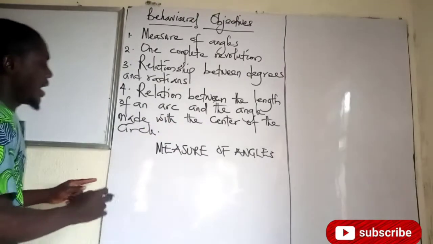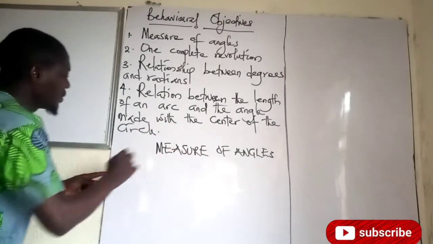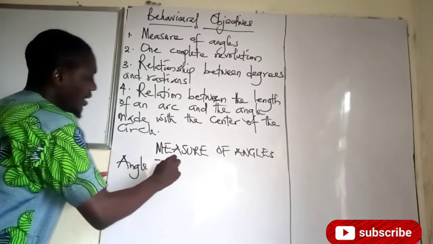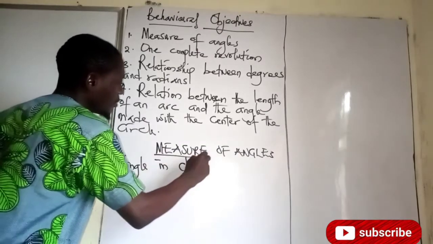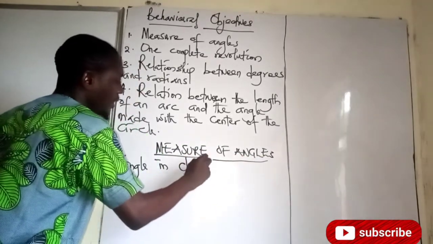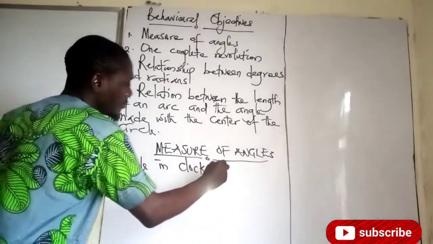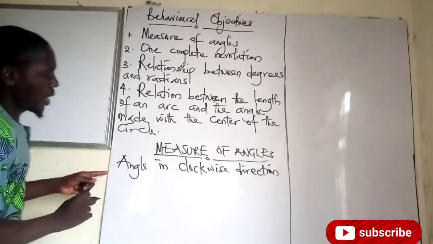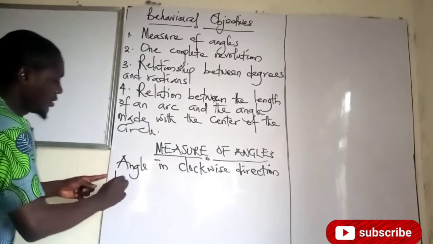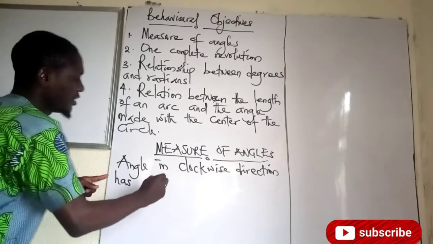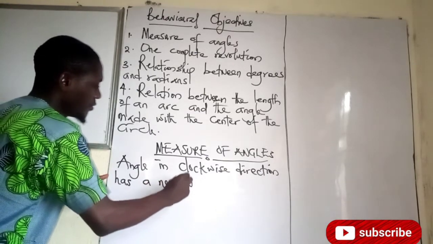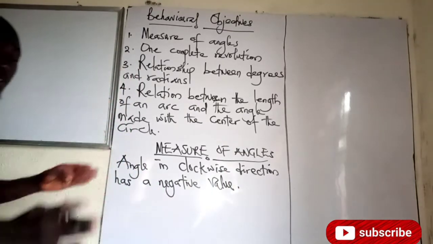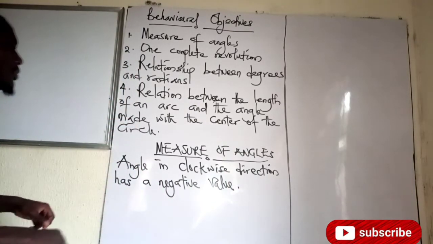Now, if we have angle in clockwise direction, angle in clockwise direction has a negative value. Angle in clockwise direction has a negative value.